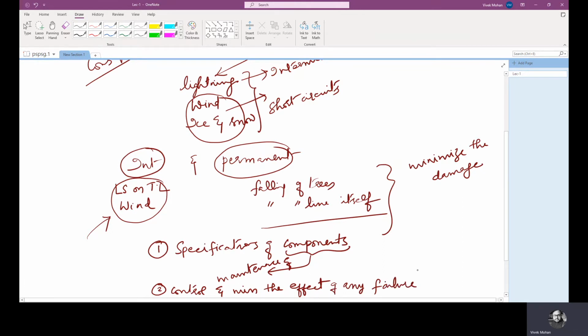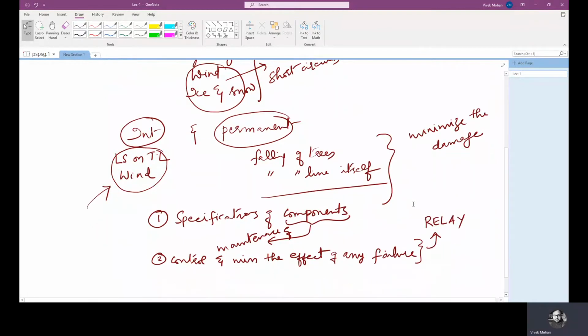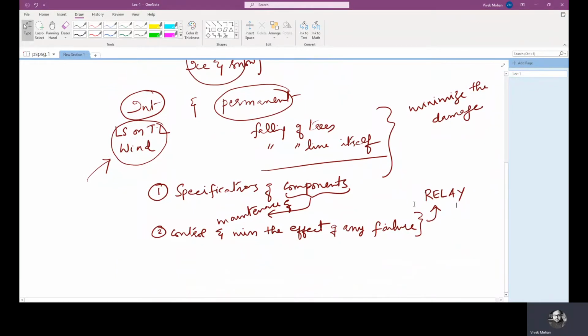Right. So this is where the role of the protective relay comes in, which is one of the most important components of the power system protection system. Its role is to control and minimize the effect of any failure. So basically the relay operates to disconnect a faulty part of the power system, thereby protecting that part and the remainder of the system from the damage.